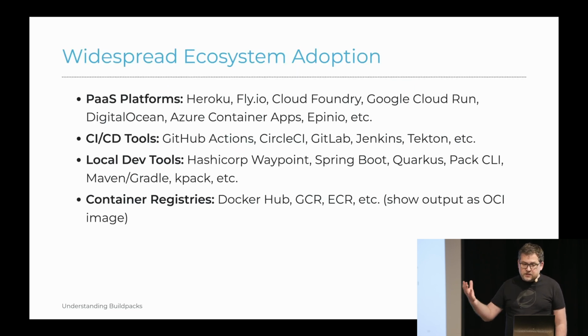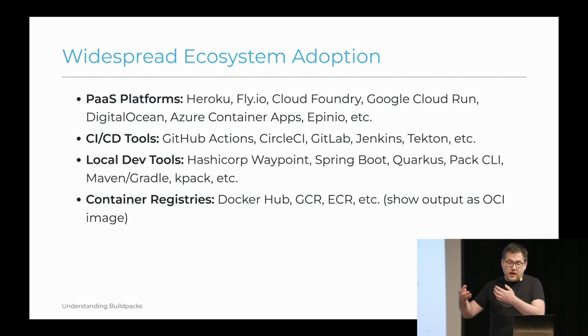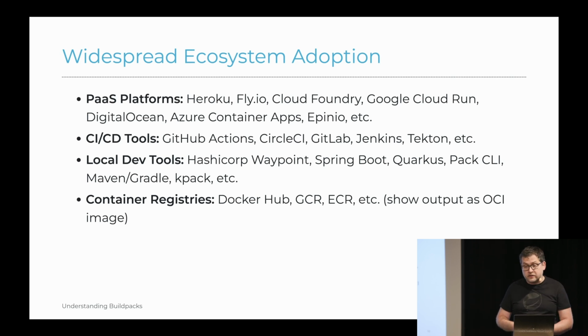So the ecosystem adoption is quite huge, and here you just see a few different tools which support that. And I'm sure one or the other you know for sure, right? From the platforms to the CI/CD tools to the dev tools, and hey, there are even things like Spring Boot or Quarkus. If you run mvn spring-boot:build-image, it would use Buildpacks under the hood to create a container, right?